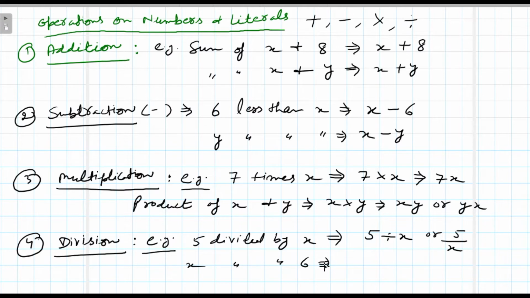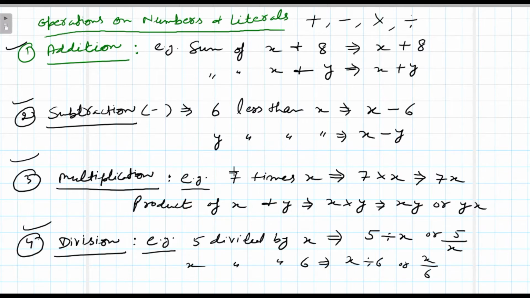I will take another example. x divided by 6 is written as x divided by 6 or x upon 6. So these are 4 operations: addition, plus; subtraction, minus; multiplication, multiply; division, divide, right?